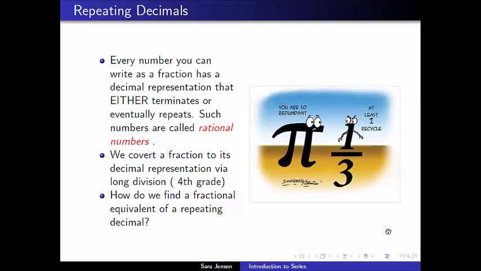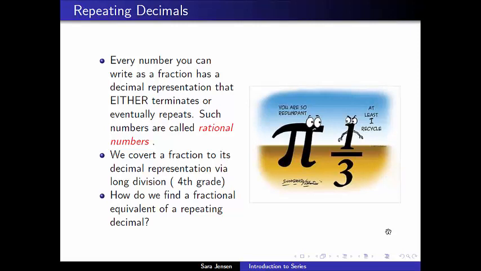Numbers that can be represented as a fraction of integers are called rational numbers, and those are precisely the decimals that either terminate or eventually have a pattern. Note that that isn't all numbers that can exist. Examples like pi exist, which are decimals that go on forever and ever.